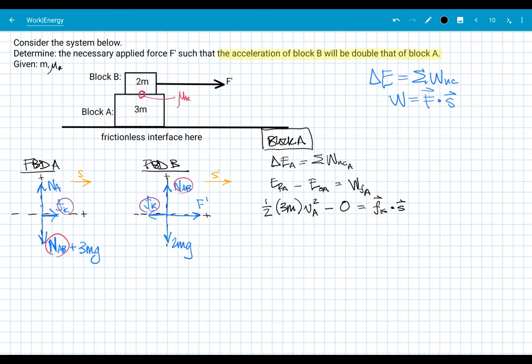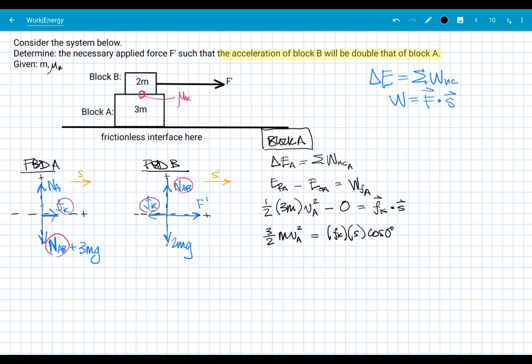So what is this going to turn out to be? 3 halves m v sub A squared is going to be equal to the force of kinetic friction multiplied by displacement multiplied by cosine of 0, which is just equal to 1.